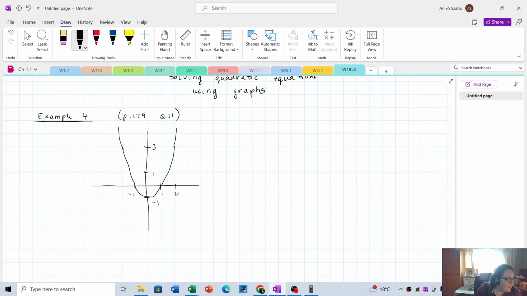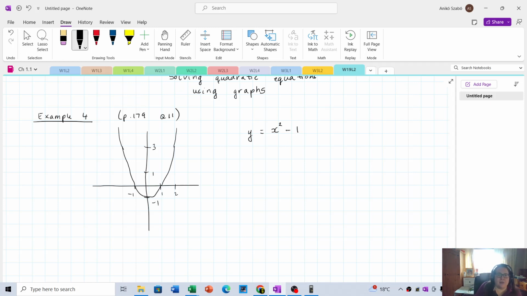They are telling us this is the graph of y equals x squared, take away 1. If you think back, y equals x squared was the parabola going through the origin. This is 1 down because of that -1, but we'll learn more about that next year.